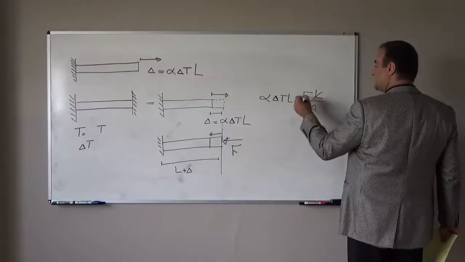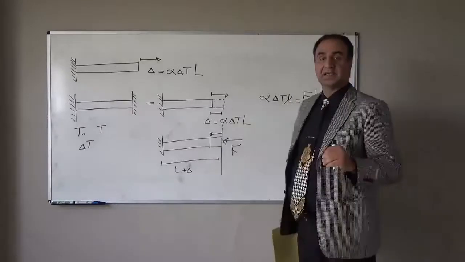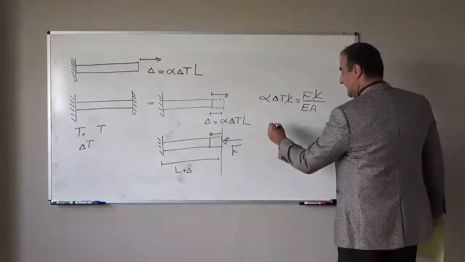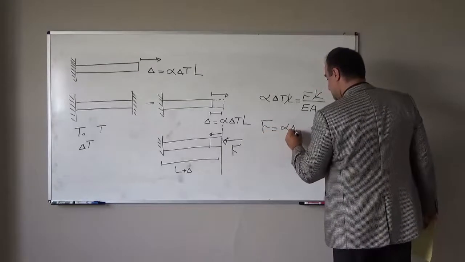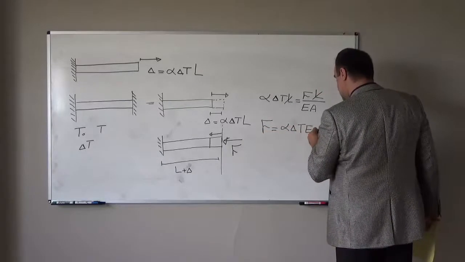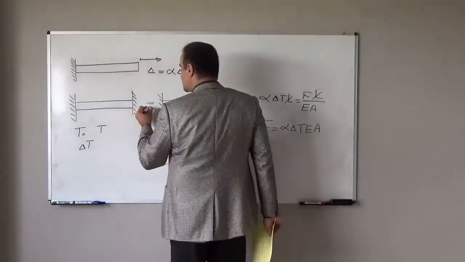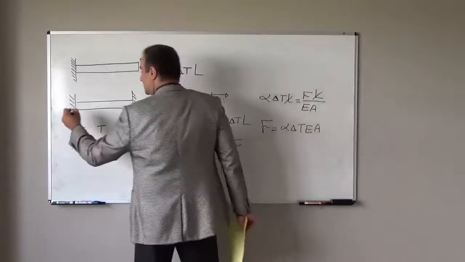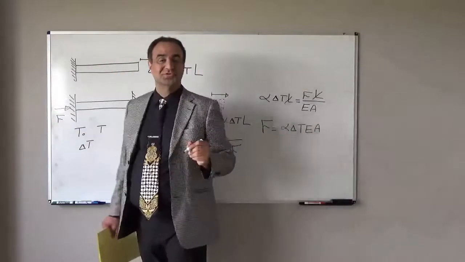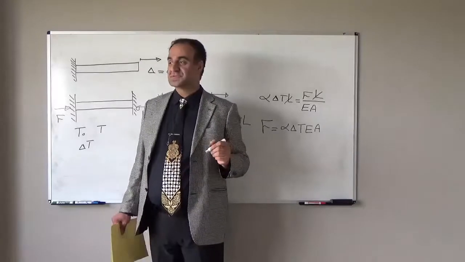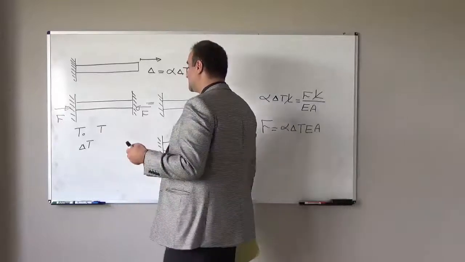From both sides L and L cancel each other, and the force F will be alpha delta T E A. So this is the reaction. If we have reaction F here, definitely the reaction here will be F, because the summation of forces in the horizontal direction should be equal to 0. They should cancel each other in order to have equilibrium.